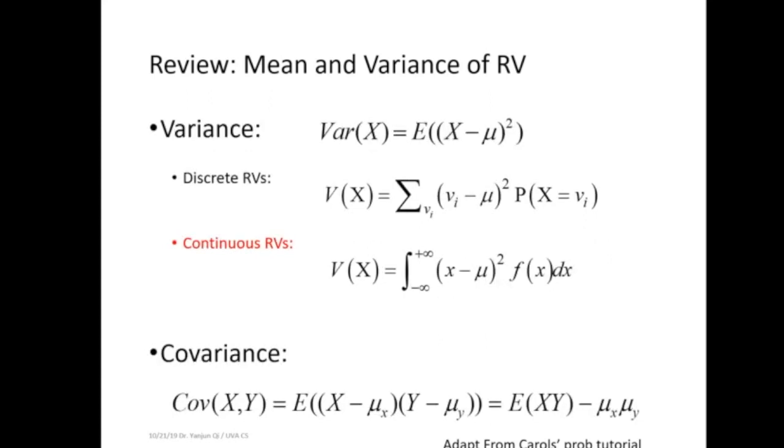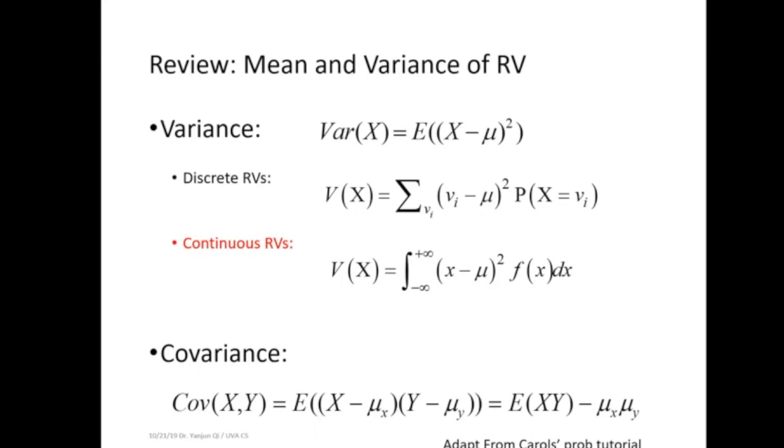And in the continuous case, you do the same thing. Just replace the summation with an integral. And then here is the probability mass function, and you replace it with a probability density function. Totally the same, just summation into integral operation.